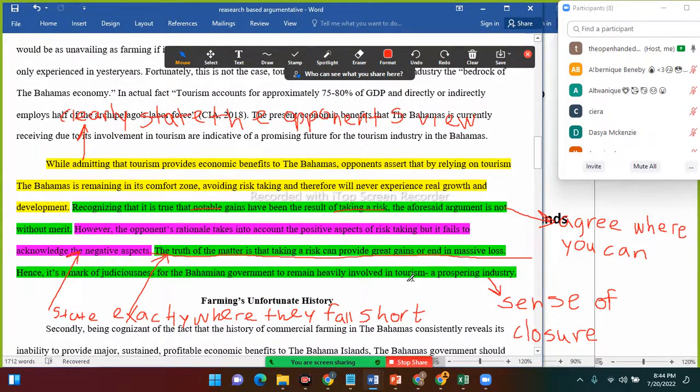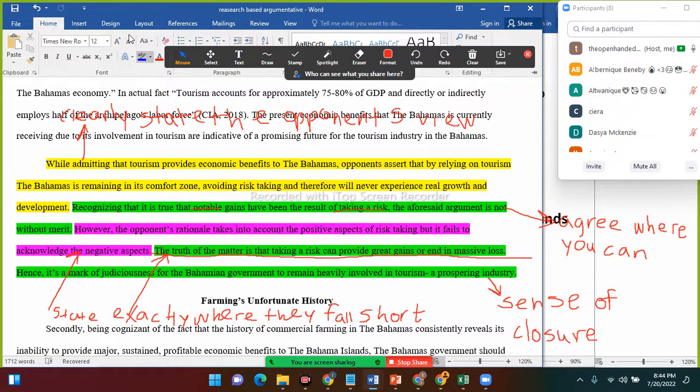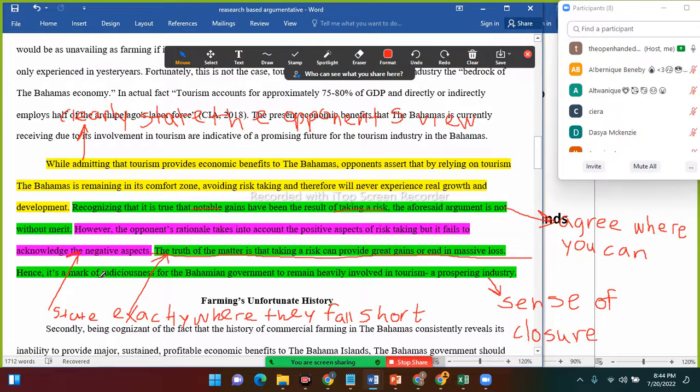There's a very important phrase that I kept inside this essay to show why my point still stands. Remember, my point was about the economic benefits of tourism in the past, present, and potentially in the future. In my last sentence, I said it is a mark of judiciousness, that means intelligence, wisdom, for the Bahamas to remain heavily involved in tourism.